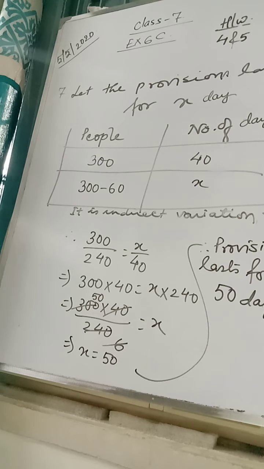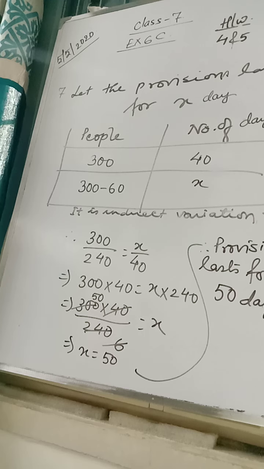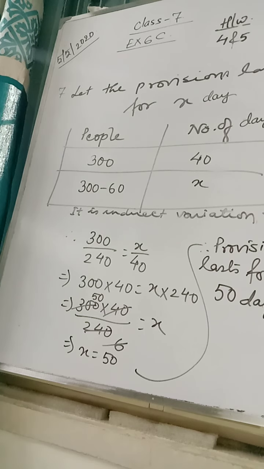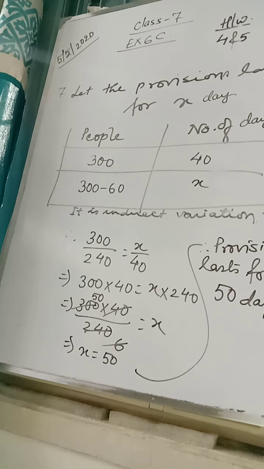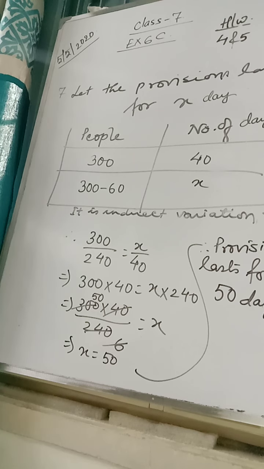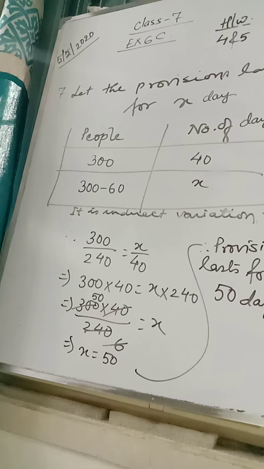If 5 more men join them, how many days will they take to finish the work? 20 men, 30 days. So 25 men, X days. This is also indirect variation, is it? So what we have to do is write 20 by 25 is equal to X by 30. So we can get the value of X.